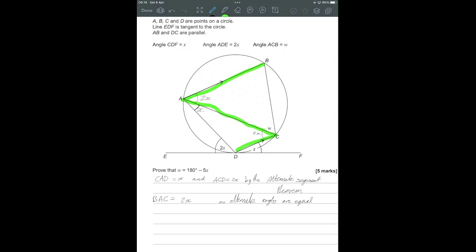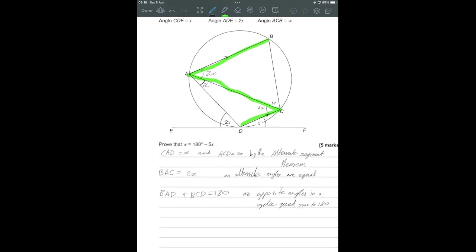Well, now I've used the tangent, I've used the parallel lines. Let's use the fact that everything is on the circle. So then we have that BAD, which is a big angle at A, plus BCD equals 180 as opposite angles in a cyclic quad sum to 180.